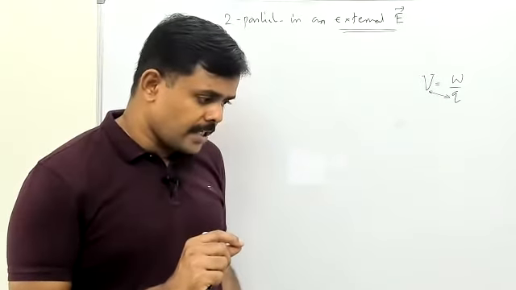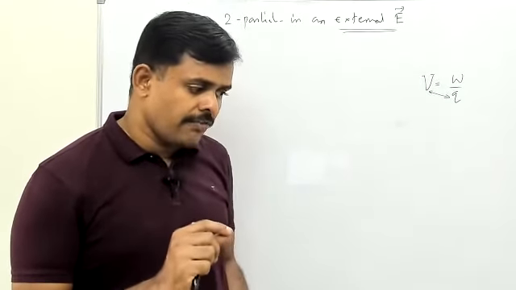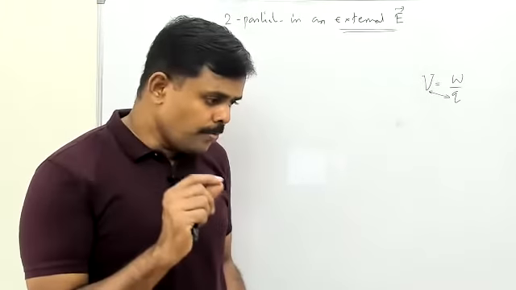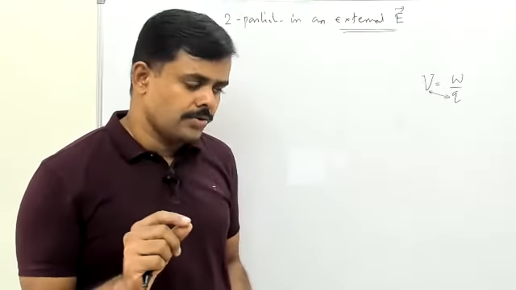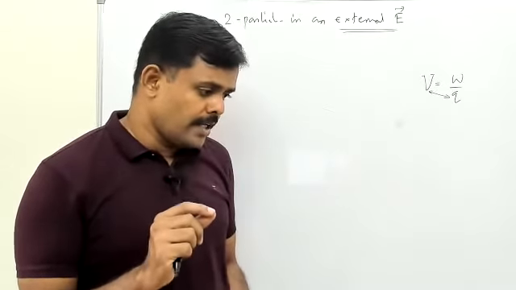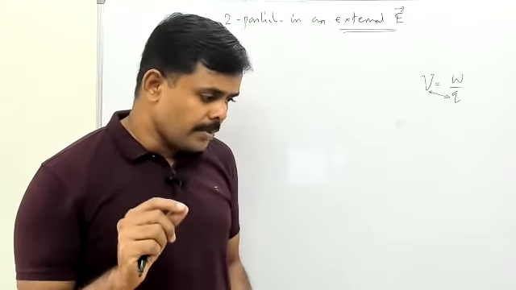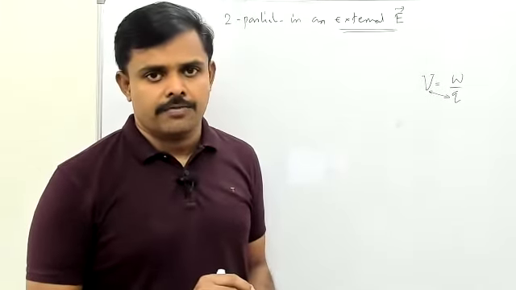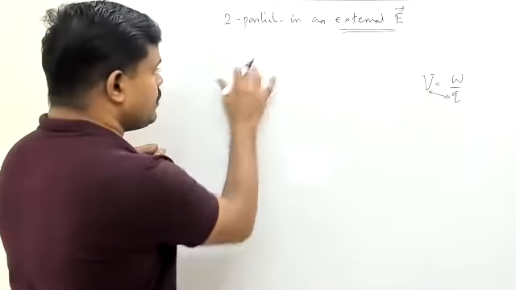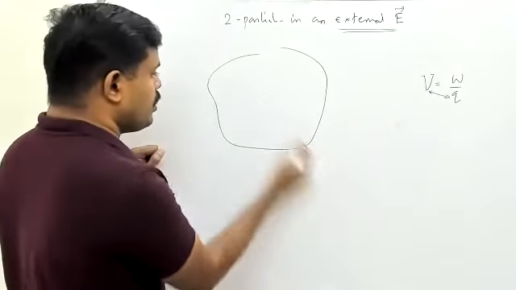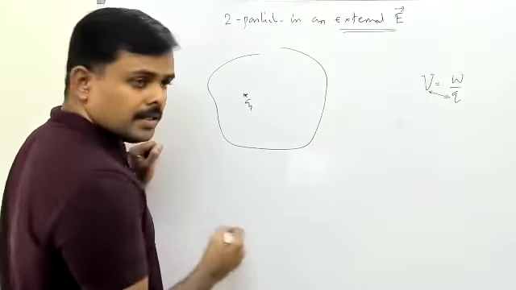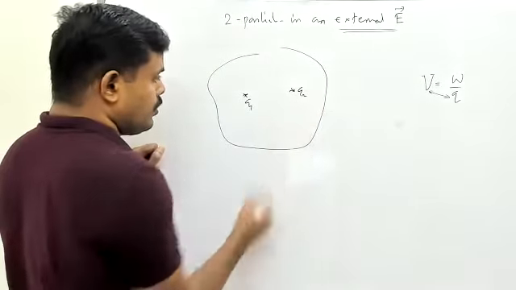Deduce the expression for potential energy of a system of 2 point charges Q1 and Q2 brought from infinity to the points R1 and R2 respectively in presence of external electric field. Okay, so you are bringing them. This is the external electric field. You are bringing Q1 first, then you are bringing Q2, right?